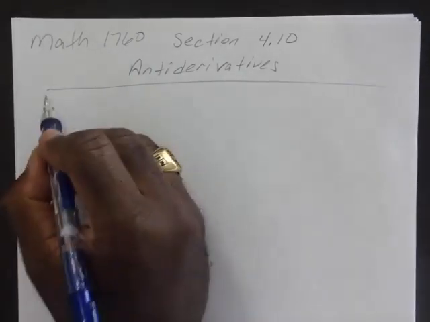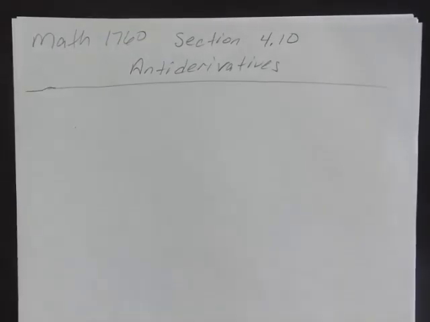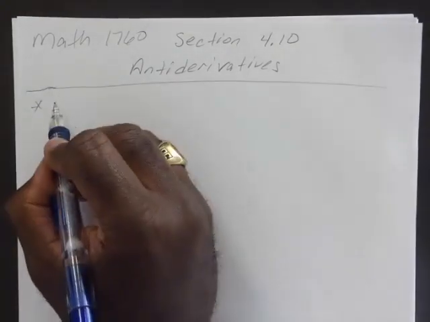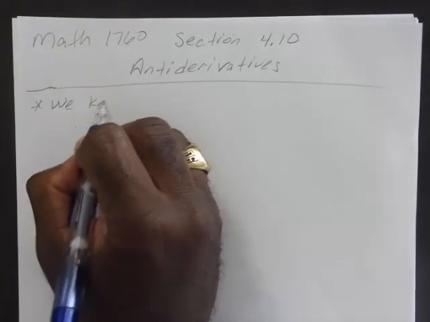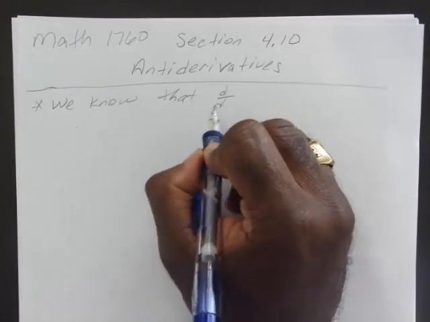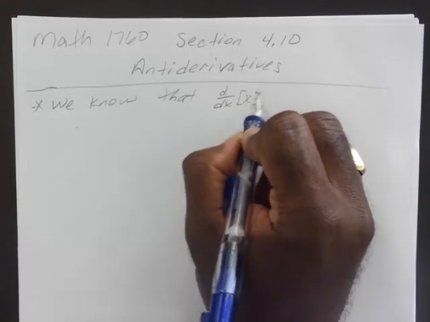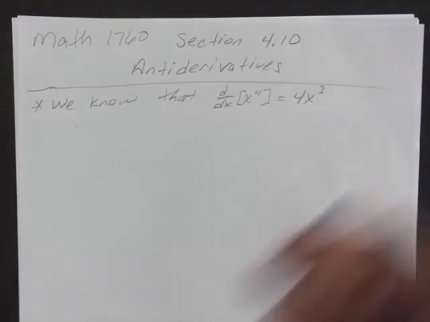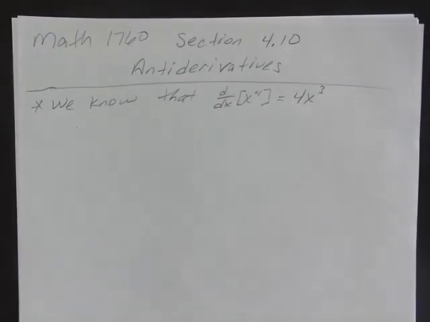Okay. So with antiderivatives, it's pretty much like the name says, it's the way to undo derivatives. So think of it this way. Let's say we know that the derivative of x to the fourth power equals 4x to the third power, just using the power rule for derivatives. Okay.